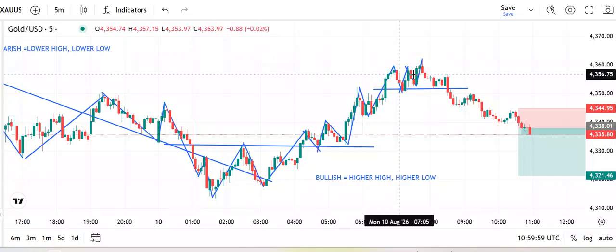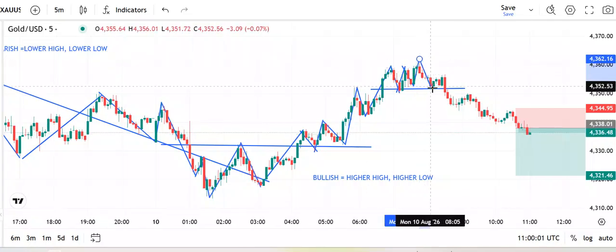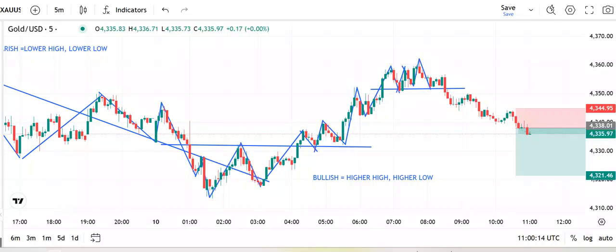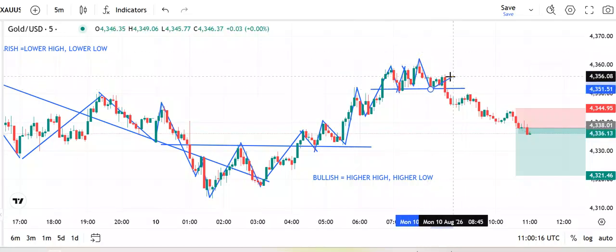And I have this drop to this point, for you to have this higher low. And this low here is lower than this higher low. So you now have lower low, lower high, then you have lower low.